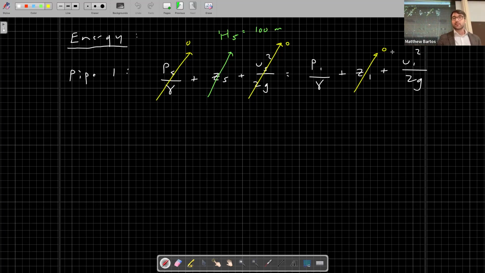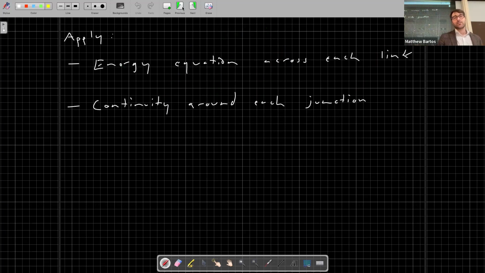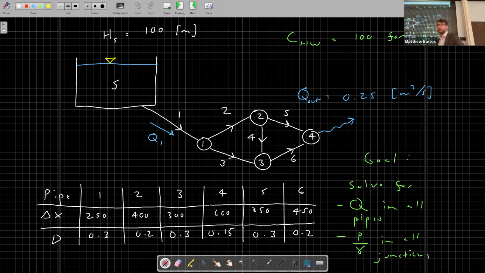Now we're left with this interesting term here, U1 squared over 2g, where U1 is actually referring to the velocity at the junction. The velocity at the junctions for pipe network problems is not really well defined.